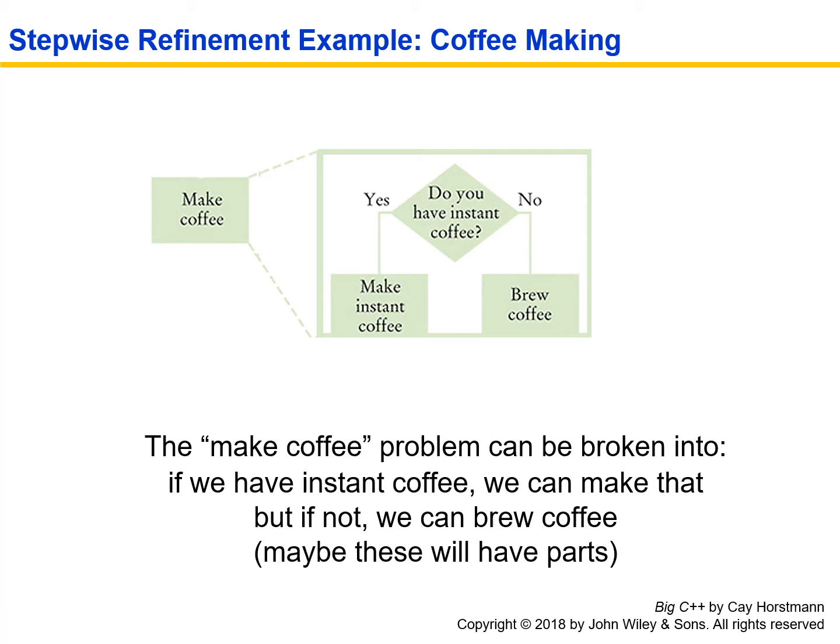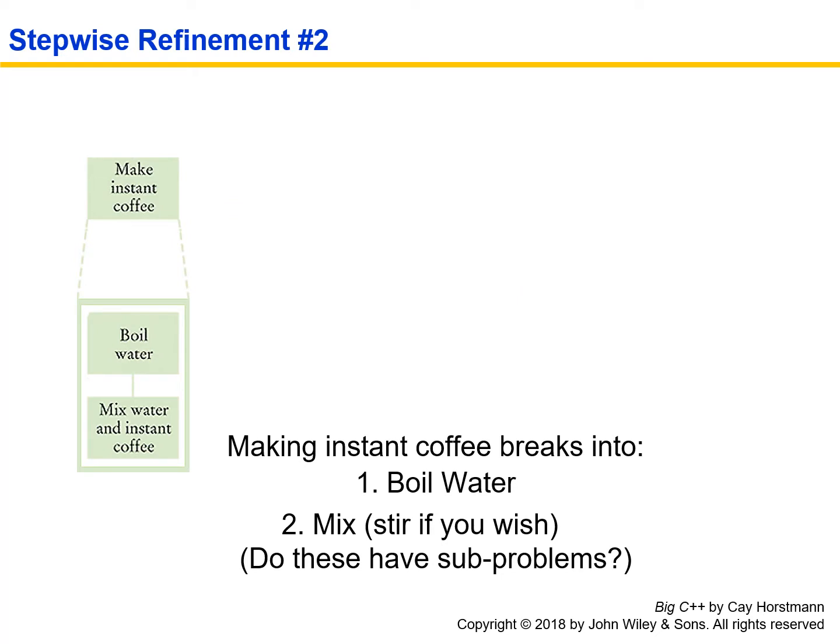So if I get up in the morning and I want to make coffee, Horstmann apparently likes instant coffee, and so if instant coffee is available, they choose to make instant coffee, and if not, they choose to brew coffee. If you have instant coffee available, all you have to do is boil water and then mix the water with the instant coffee. But what if you don't know how to boil water?